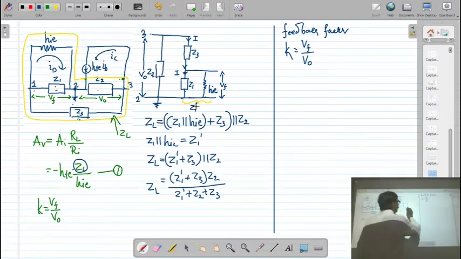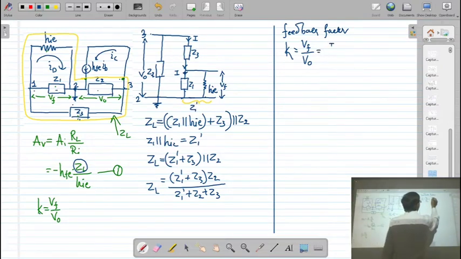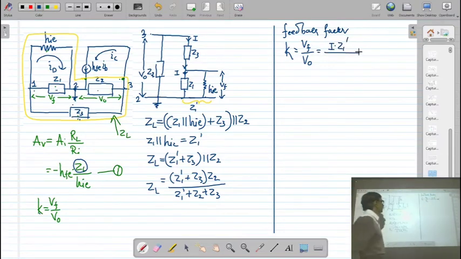So the feedback voltage is nothing but I into Z1 dash. Remember, try to understand that we assume some current is flowing. So here this Z3 and the parallel combination, they are in series. So here the current in the parallel combination will be same. So we can write the voltage across the Z1 equal to I into Z1 dash.